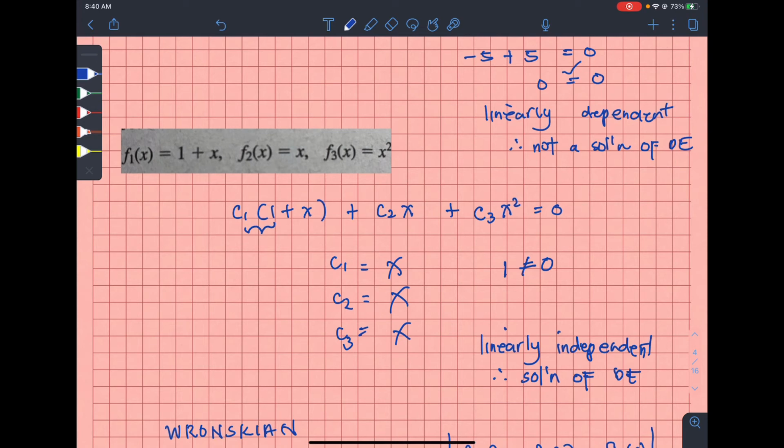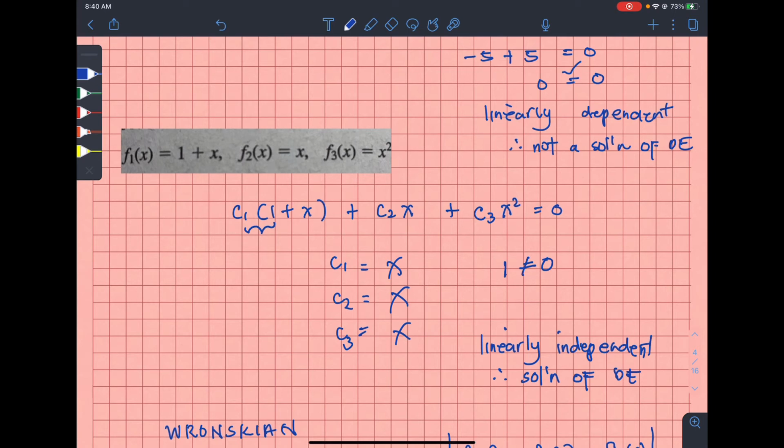And thus, that is a solution of a differential equation. Okay, so that is the first method in determining the linear dependency of a given equation. So that is on how to find whether that is linearly dependent or not.